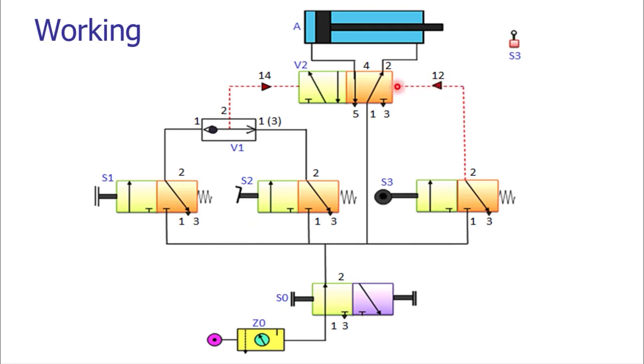That pilot pressure is operating the valve and it is opening up, connecting the input port 1 to the retraction port 2. This is input port 1 and retraction port 2.